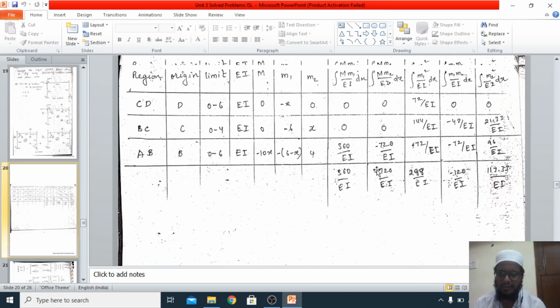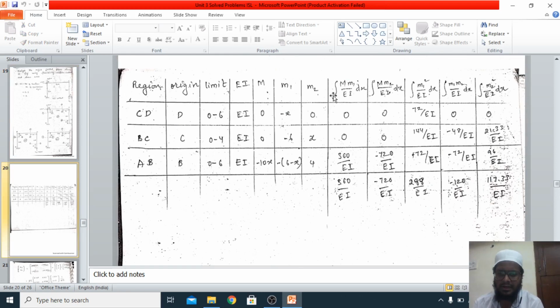Now we'll try to zoom these values to understand this calculation. Okay, so first is integral M M1 by EI into dx, integral M M2 by EI into dx, then integral M1 square by EI into dx. This EI is again very important. We have to mention it very carefully all the time in our tables. So these are the values we have to take.